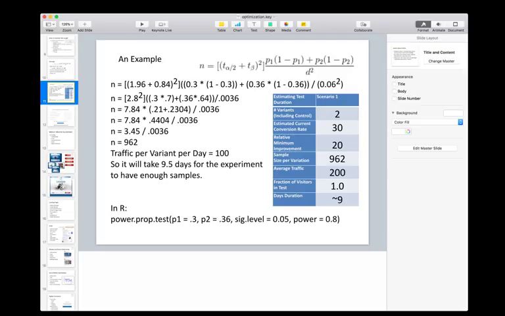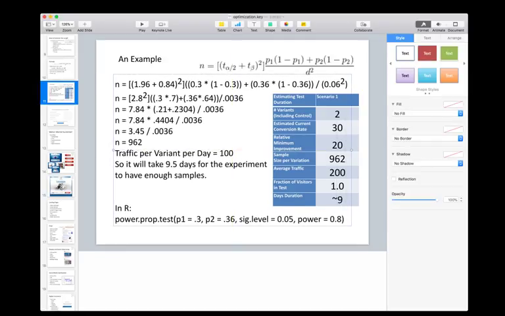It's always going to be 1.96 plus 0.84, and that's always going to be 2.8, and then the square of, and I'll double check the square of 2.8, but I think this is all correct. The square of 2.8 is in fact 7.84, which is this number here. So I'm not sure where, I apologize, I don't know where you're not getting that number to match up.